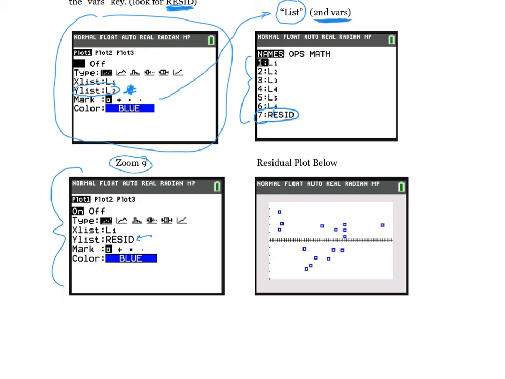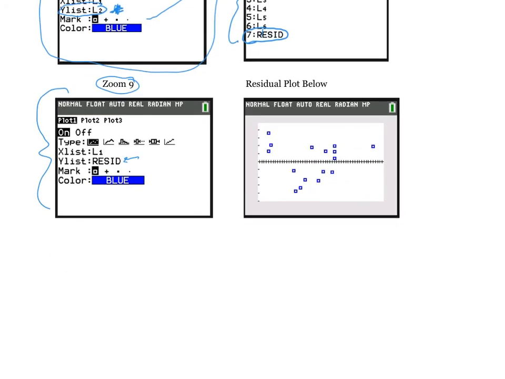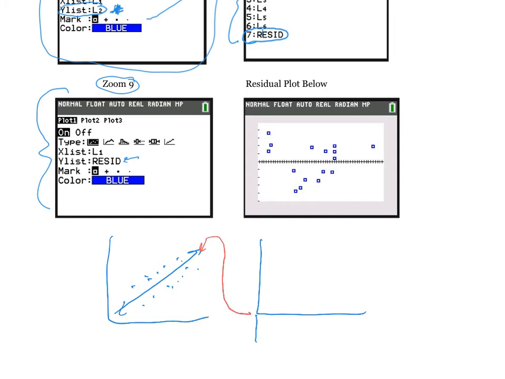Okay. Now, with a residual plot, you can think of this as here's our regression line, here's our scatter plot around it. What a residual plot does is it takes the regression line and it basically makes it be the x-axis. So then this residual that's above the x-axis would end up being over here on this graph.